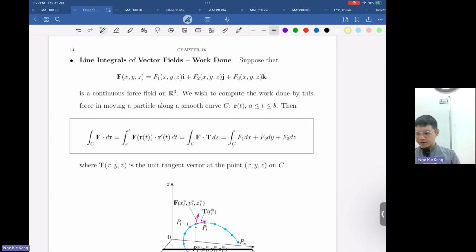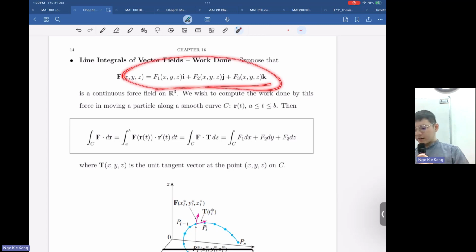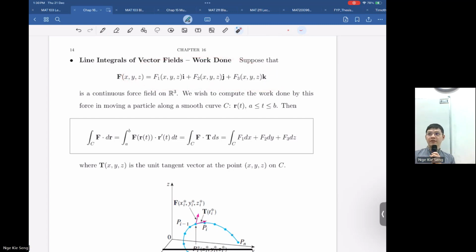Suppose my force is a vector field. The force can be written as a vector field here, which we call the force field. In this case, we want to compute F times s. But now the path is curvy. Whenever we want to compute the length of a curvy curve, we need to do integration.